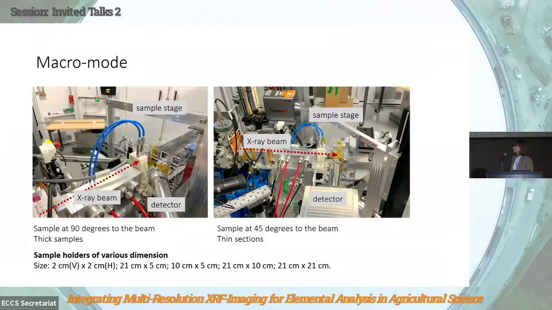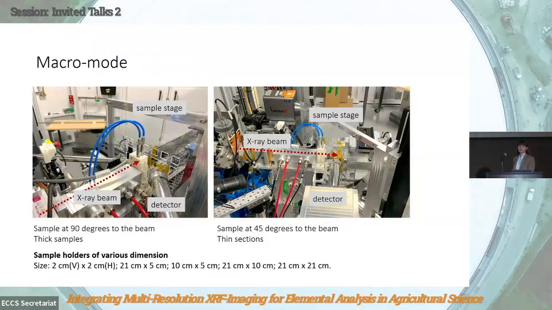I would like to show a little more detail of the macro mode setup. We are utilizing pinholes to aperture the beam to different sizes. These are laser drilled pinholes in heavier atom materials that are not generally present in biological samples. We can operate in 2 configurations depending on the thickness of the sample.